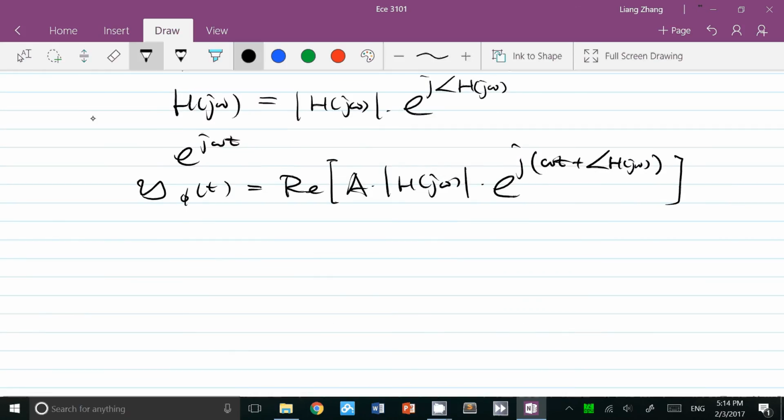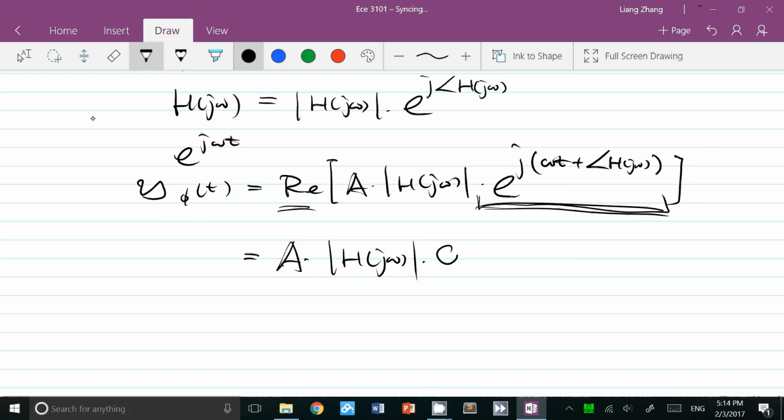Now applying the Euler form, because the only complex number will be this one, we end up with the following equation, because we're taking the real part, and the real part of this is simply a cosine. And that's it.